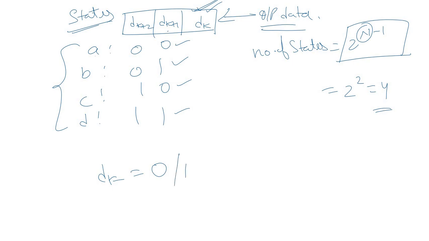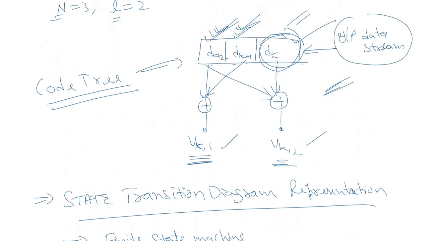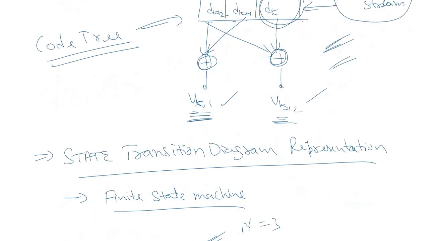It will generate four different sets of output depending on the state of the encoder. If A is the current state and we give 0 as the input, we get one output. Similarly, if B is the current state and we give 0, we get a different output. You just have to perform the modulo 2 additions to get the outputs.